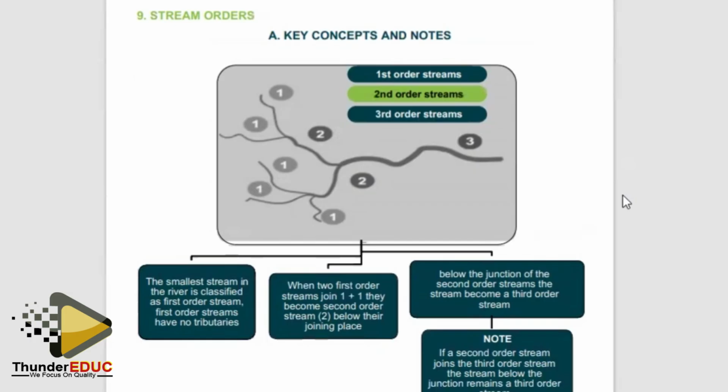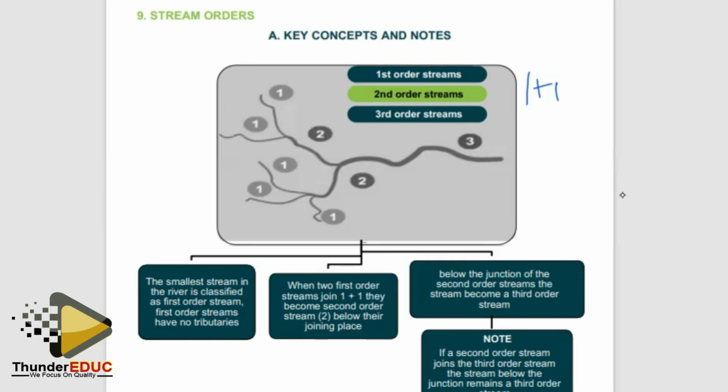If it's low density, we will have low order streams. The first order stream is a stream that does not have tributaries. It's an independent stream, not fed by any other stream. That is order number 1.